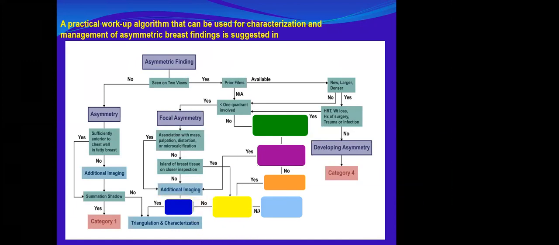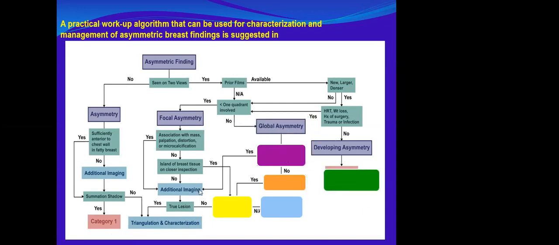If it is no, additional imaging. If it is associated with these findings, we also have to go for additional imaging. And if it is a true lesion, we have to go for triangulations and characterizations.